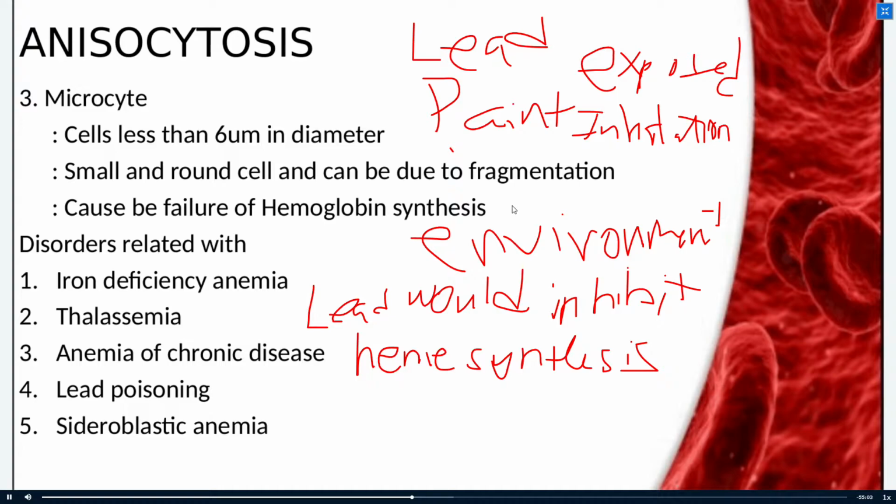And when heme synthesis is inhibited, that would lead to your microcytes. Again, your lead poisoning can be gotten from exposure to environment, specifically via paint, inhalation, or ingestion, wherein lead would inhibit heme synthesis.